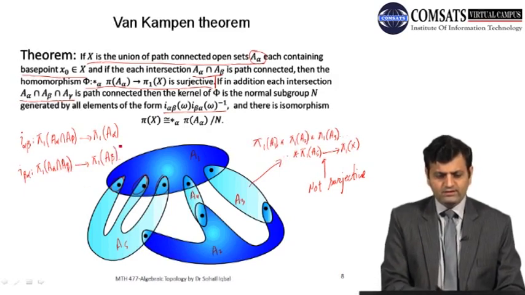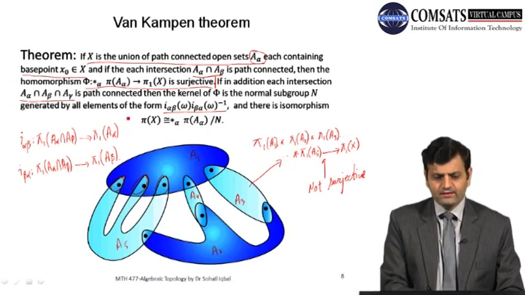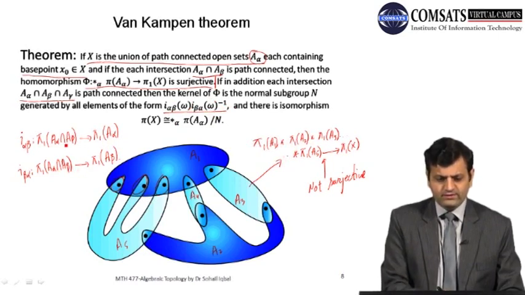These are the maps, and the kernel is generated by elements of this form. So what is this omega? Of course, omega is basically an element of pi 1 of A alpha intersection A beta.